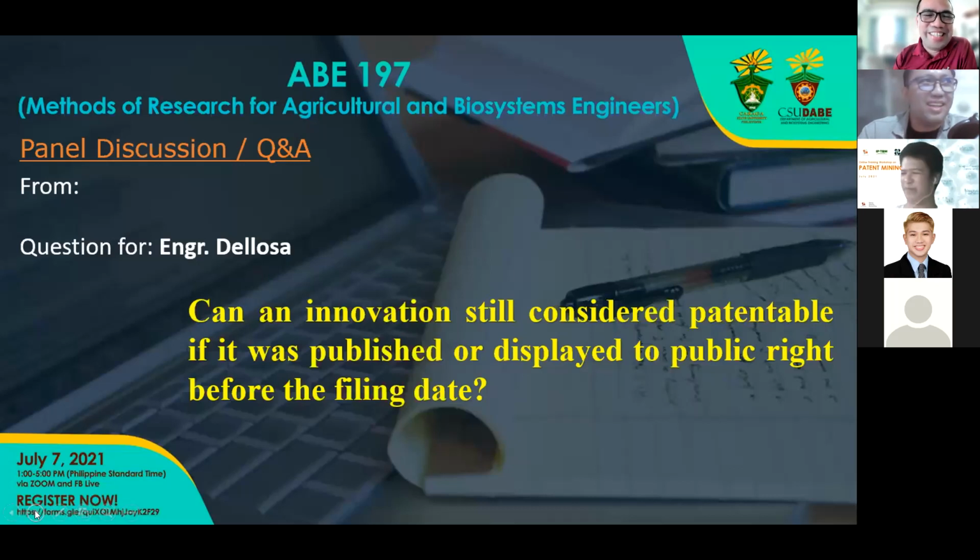I shared, if I'm not mistaken, four icons there a while ago, matters that can destroy the novelty of the application. There are different forms of disclosure that affect your application because it will form part of prior art. It becomes prior art once it is published.